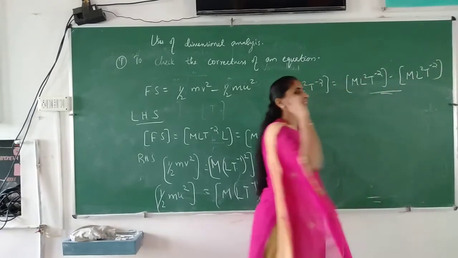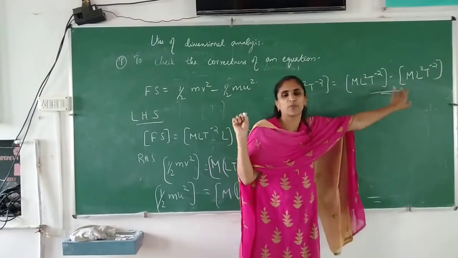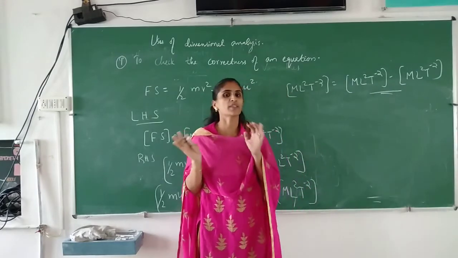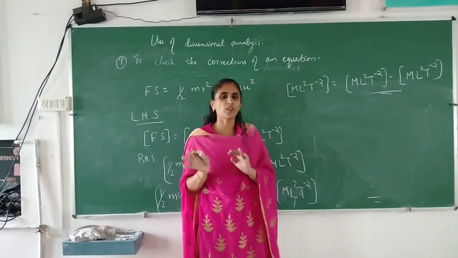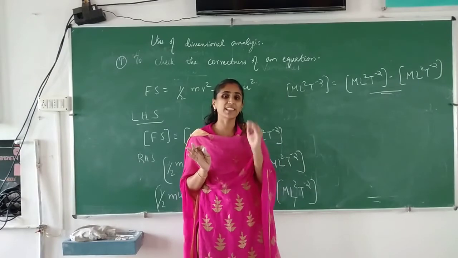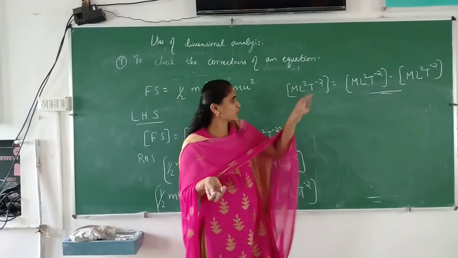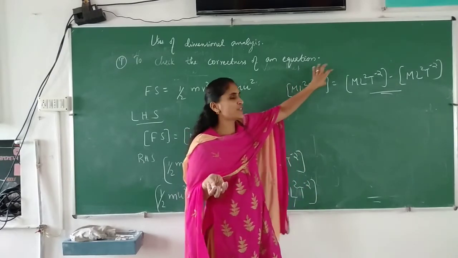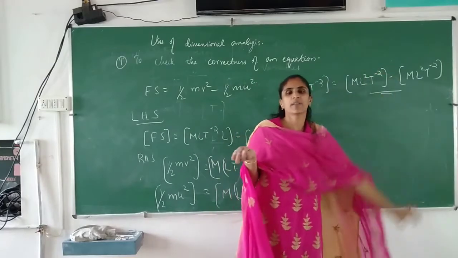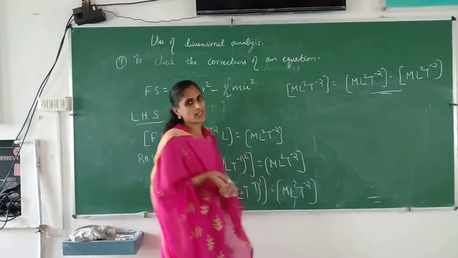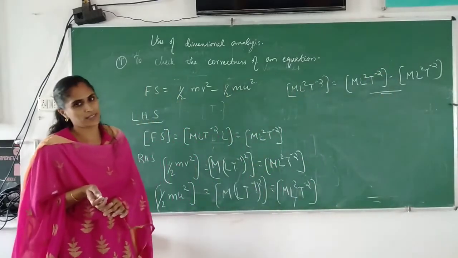No need to write that this minus this is equal to 0. I told you this is only to check the dimension. We are not adding or subtracting, only checking whether each term has the same dimension. So each term in this equation has the same dimension, so this equation is dimensionally correct.